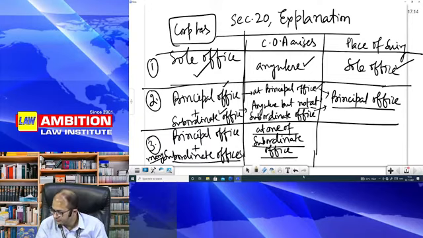Now, before I go to the next point of objection as to jurisdiction, I give you liberty to ask me questions on sections 15 to 20 right now. Henceforth, we'll do the questions along with the topic itself.